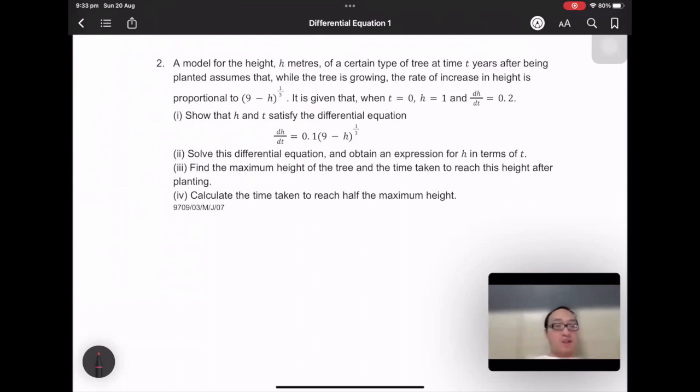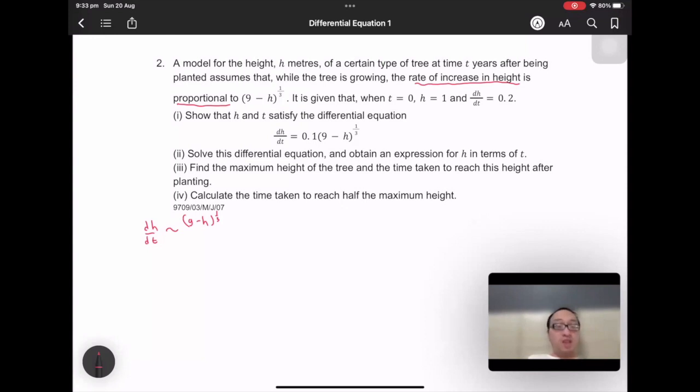Okay, this question is the type where we have to construct the differential equation. We can construct the expression using the information from the question. It says that the rate of increase of the height is proportional, so dh/dt is proportional to (9 minus h) to the power of 1/3.